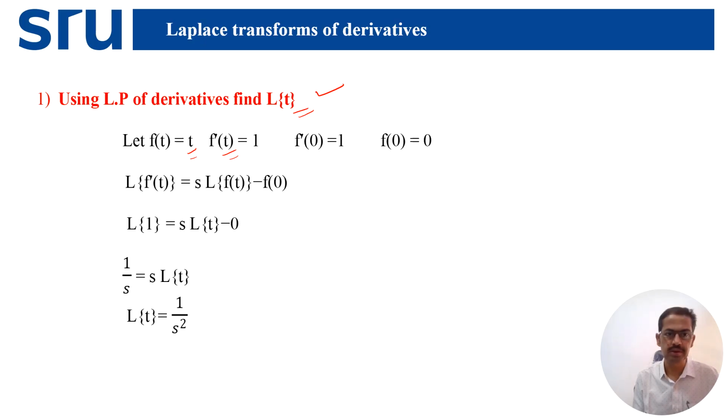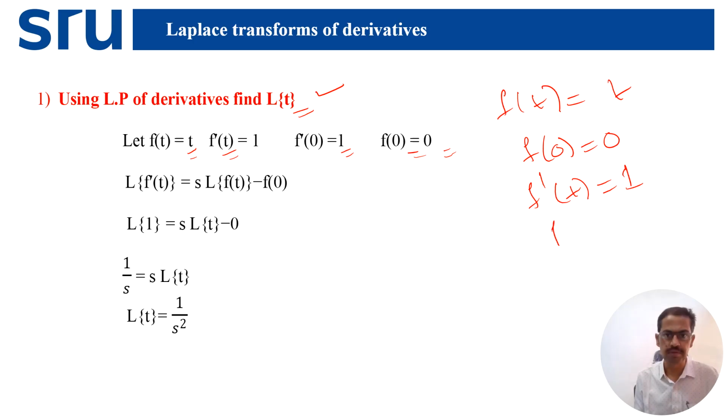So f dash of 0 is also 1. Why is f of 0 zero? Here f of t is equal to t, so if you put t equal to 0, f of 0 is 0. Here f dash of 0 is 1.